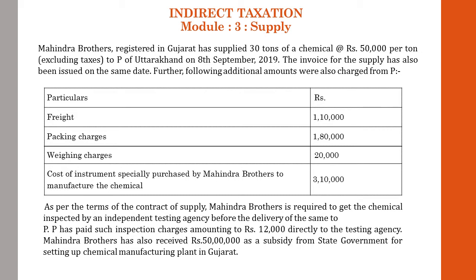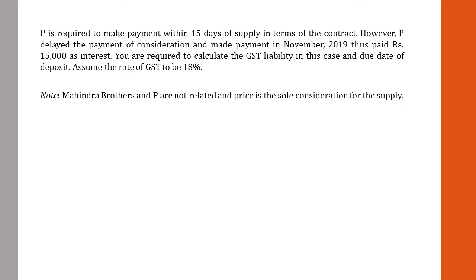Mahindra Brothers has also received rupees 50 lakh as a subsidy from the state government for setting up a chemical manufacturing plant in Gujarat. P is required to make a payment within 50 days of supply in terms of the contract.